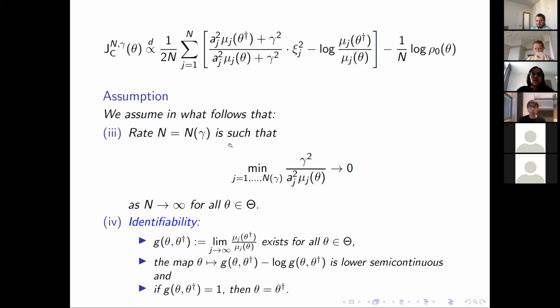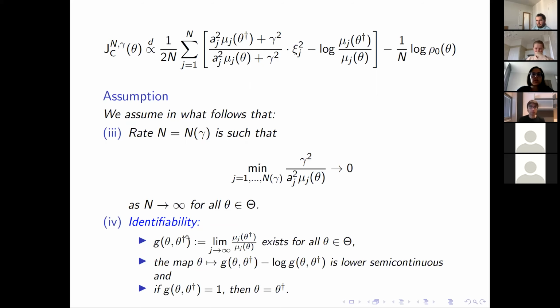And on top of that, as I mentioned earlier, to get convergence of this quantity I need a certain rate of increasing n with respect to gamma, such that the minimum over all j up to my cutoff number capital N of this quantity goes to 0 as n goes to infinity.